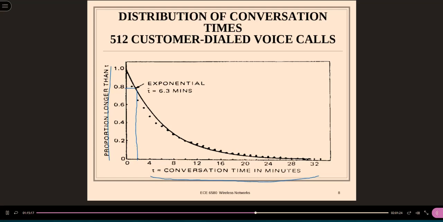The percentage of conversations that are longer than 2 minutes is about 80%. The percentage of conversations that are longer than 8 minutes is about 25% or something like that. So this is an example of how the phone company measures the duration of conversation times based on a particular collection of customers and dialed voice calls.